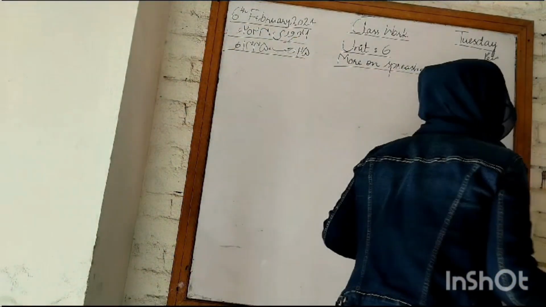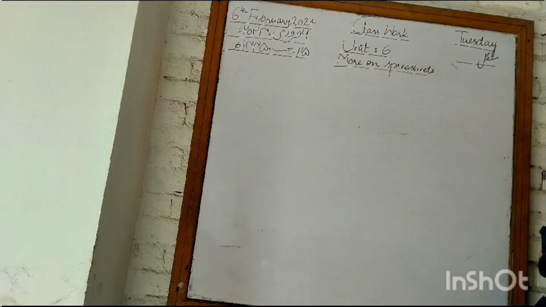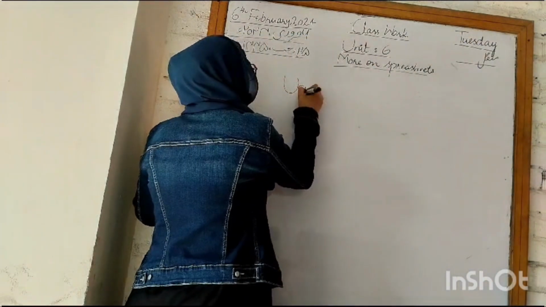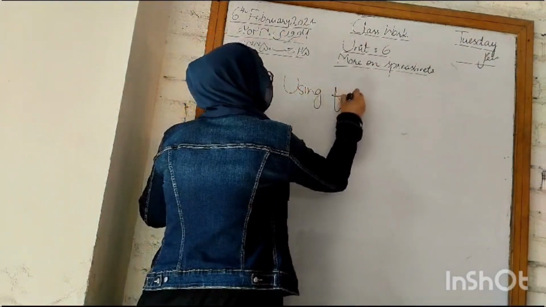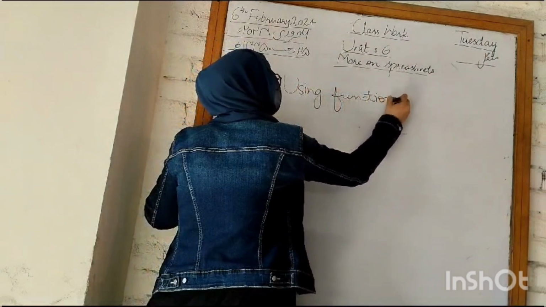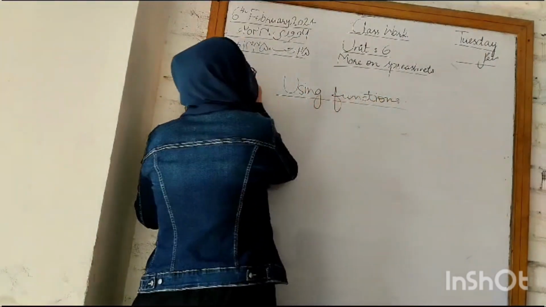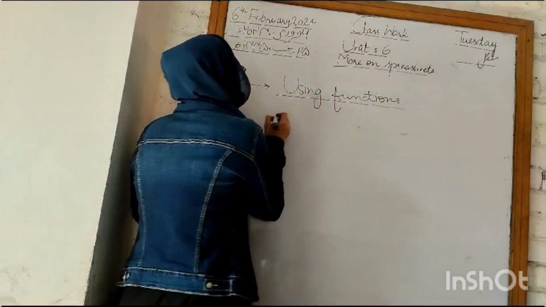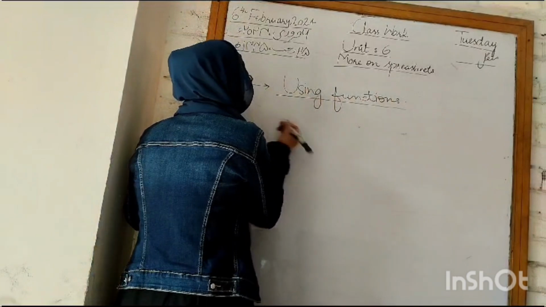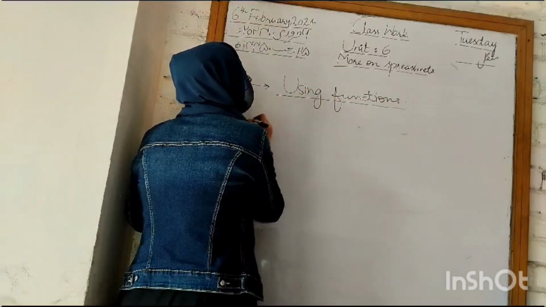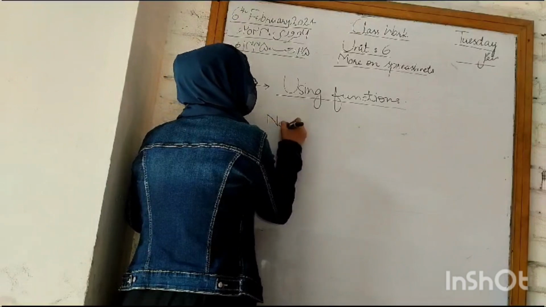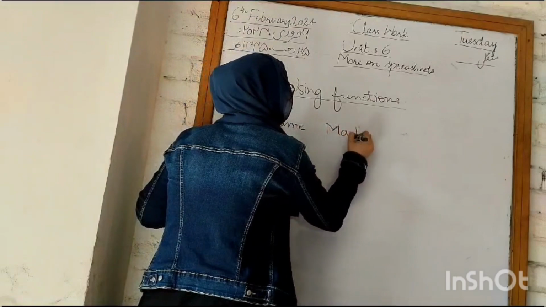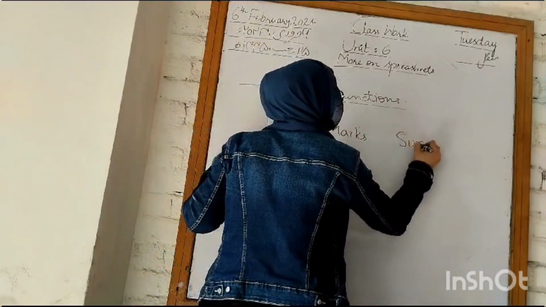On Google spreadsheets. Now we will move to our next topic, which is using functions. For example, you want to sum the marks of the 5 students. I will mention the name. In the cells, I will mention the marks and sum.